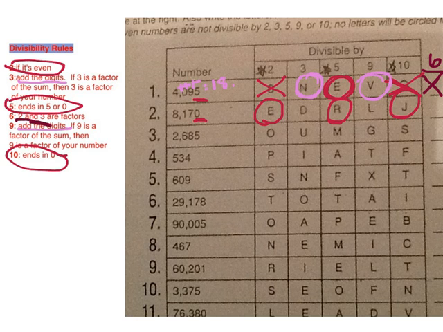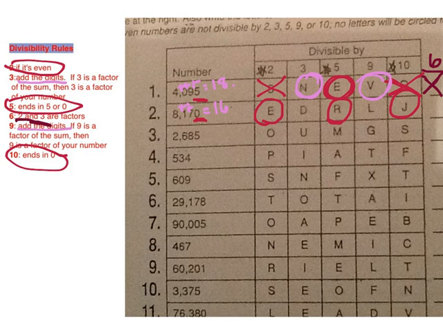Now we need to check, is it divisible by 3 and 9? To do that, we're going to add the digits. So 8 plus 1 is 9, and 9 plus 7 is 16. Well, is 3 a factor of 16? No, 3, 6, 9, 12, 15, 18.